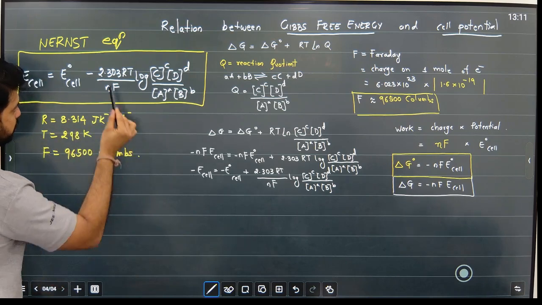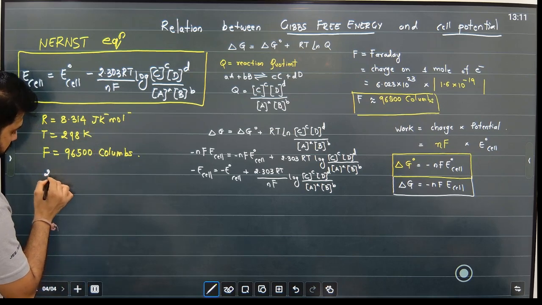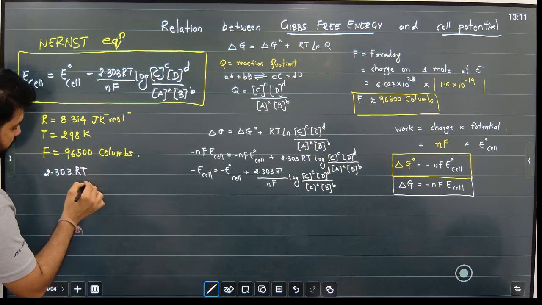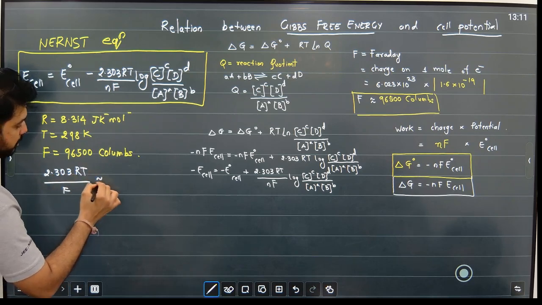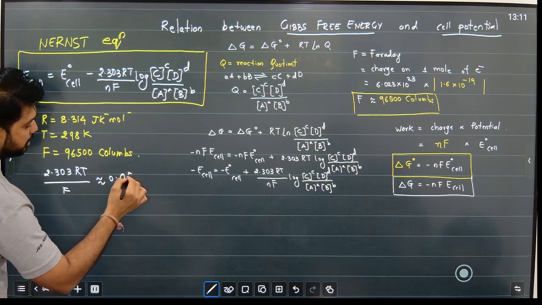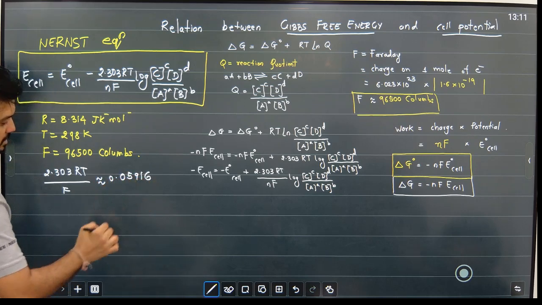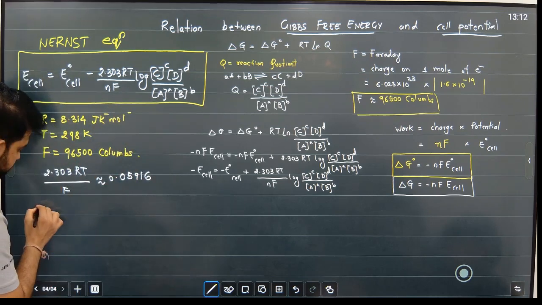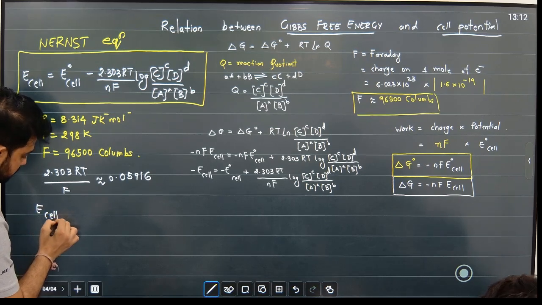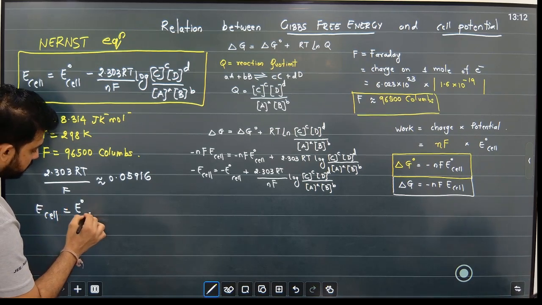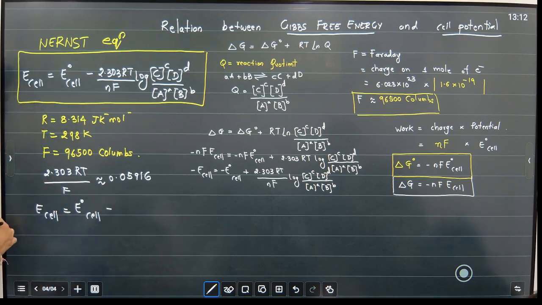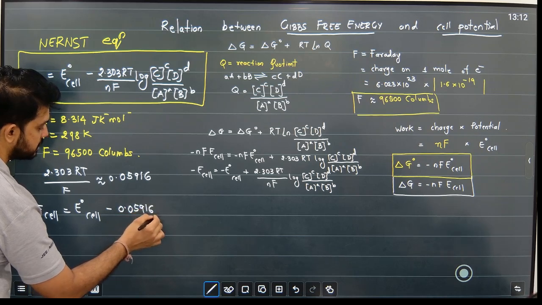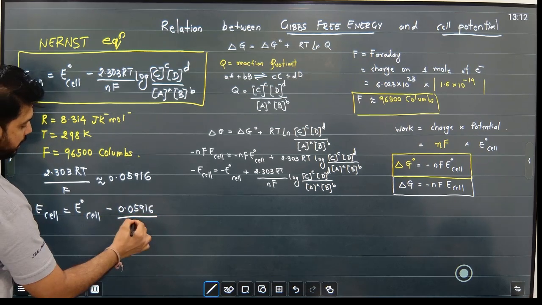If we substitute all the values here, 2.303 RT over F becomes approximately 0.05916. So you can modify the formula as E cell is equal to E naught cell minus 0.05916 over n.